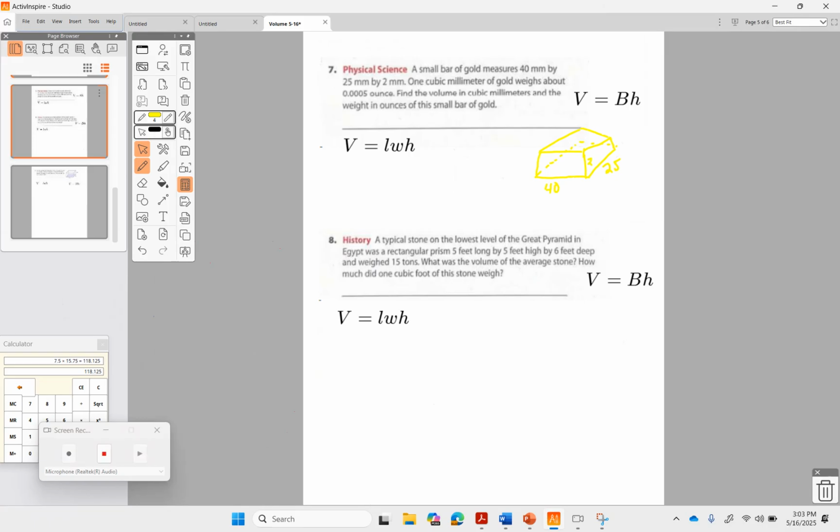So that's one thing we need to do. We need to find the volume and the weight in ounces. So first, we're going to find the volume. This is pretty straightforward. Volume is going to equal the length, which is 40, times the width, which is 25, by the height, which is 2.